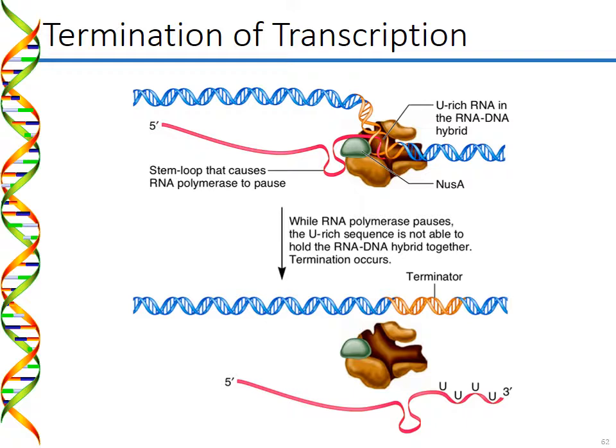So what happens when the RNA polymerase pauses is that there's not enough binding strength to hold that together, and so the RNA detaches from the polymerase, and then the polymerase itself detaches from the DNA strand, and that's how termination occurs. So let's take a closer look at the stem loop itself.